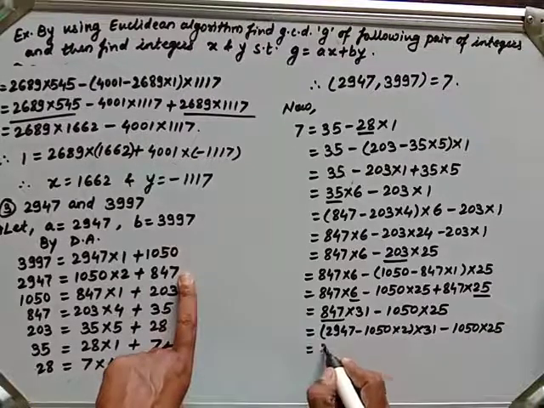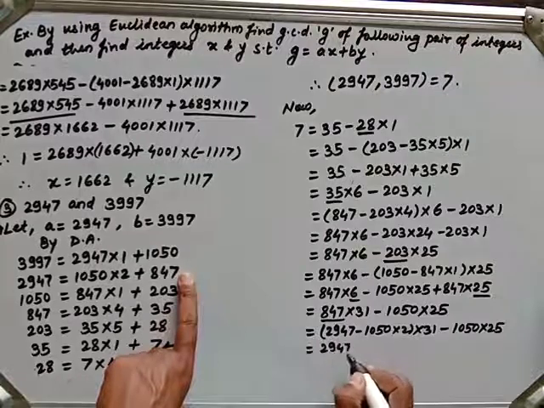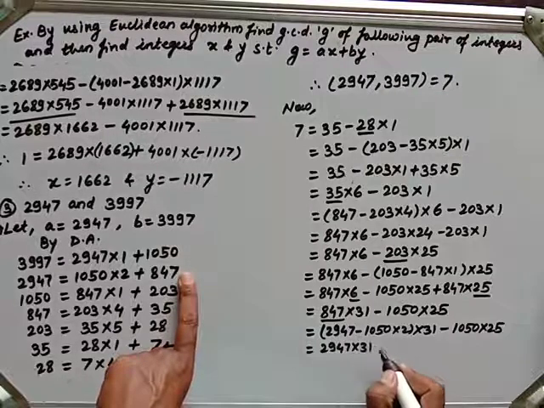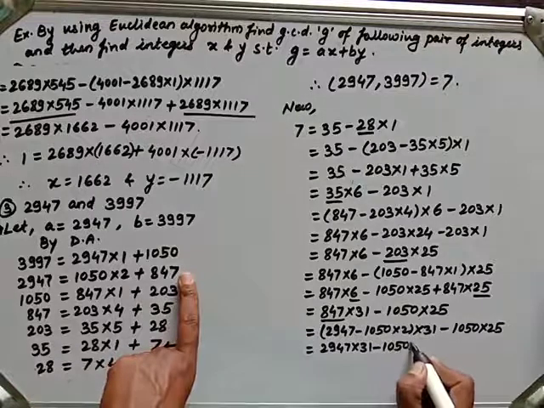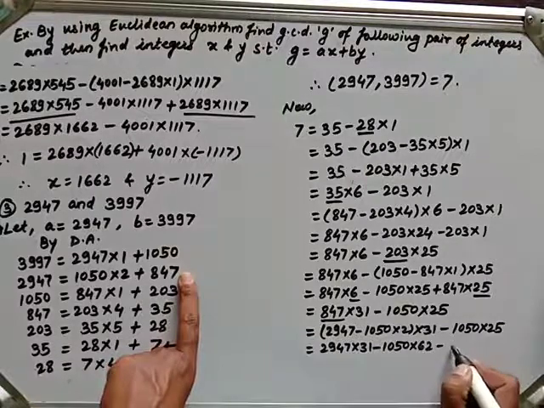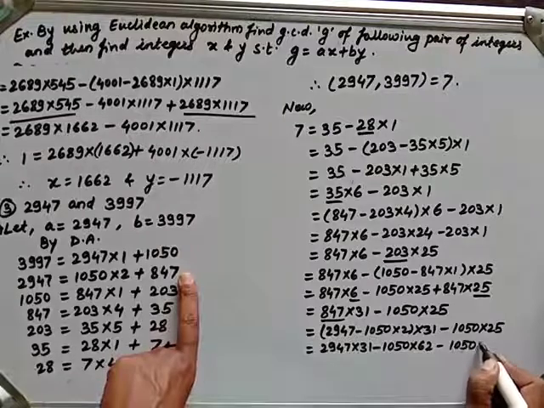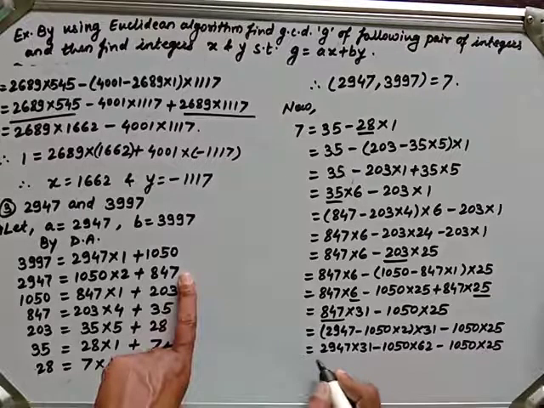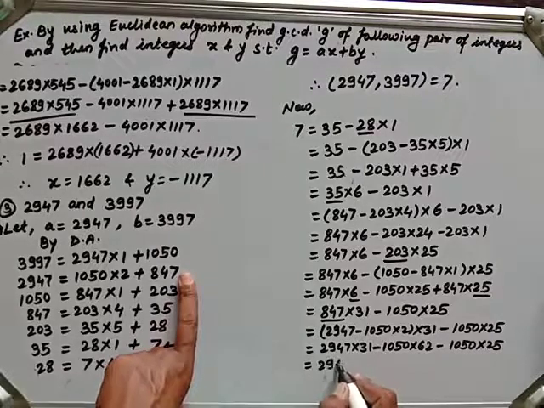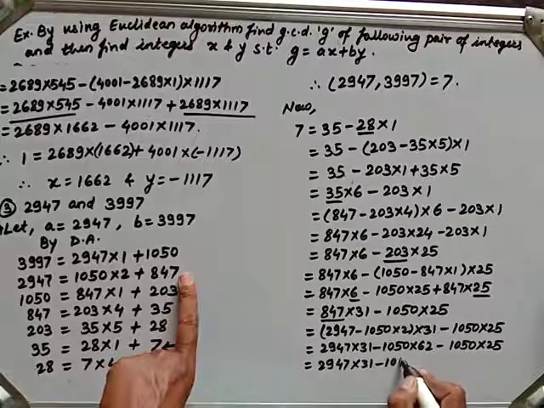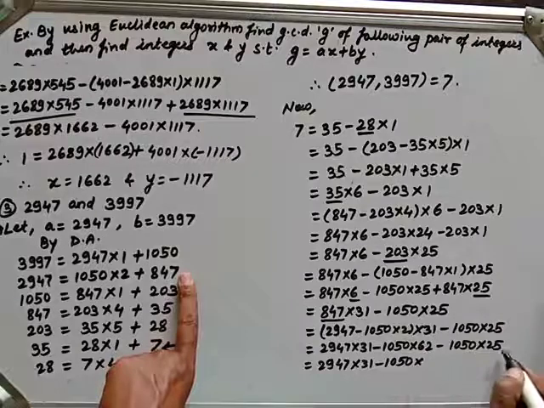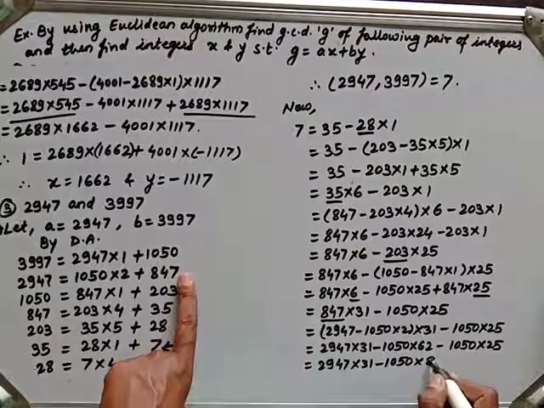So it will be 2947 multiplied by 31 minus 1050 multiplied by 62 minus 1050 multiplied by 25. It is 2947 multiplied by 31 minus 1050 multiplied by 62 plus 25. So that will be 87.